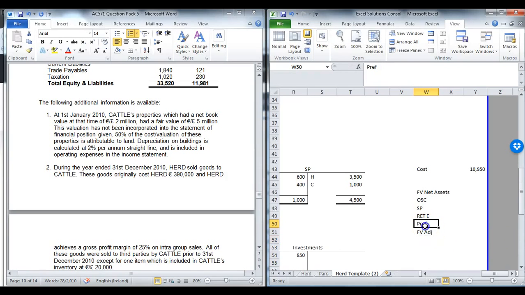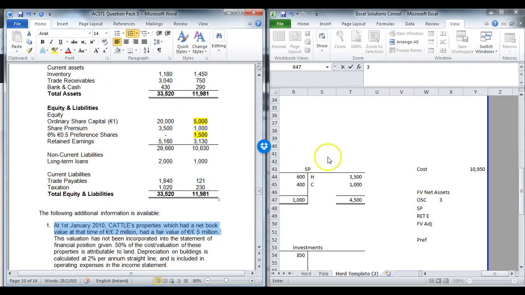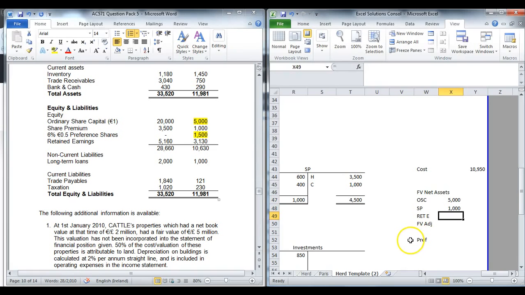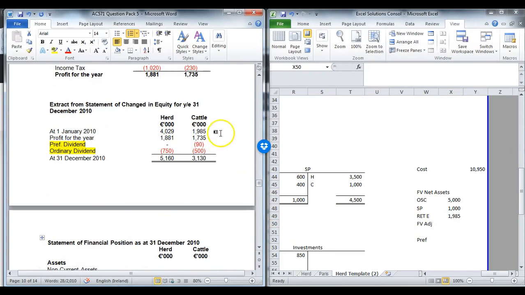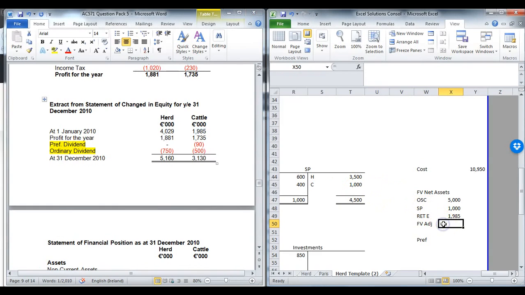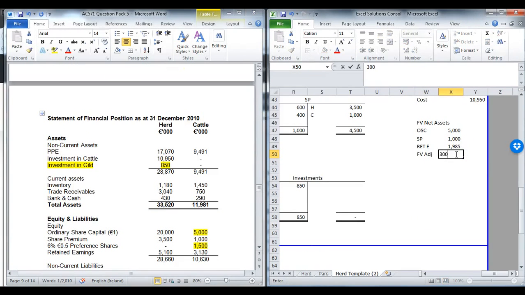So sorry, I'll just bring down the pref because that's a different percentage, so we keep that separate. So of the 10950, well, you got ordinary share capital was 3 million, isn't it? Let's check here. 5 million. Share premium was 1 million. Opening retained earnings was 1985, and we had to calculate that, or we had it in the question. And then the fair value adjustment was 3 million.